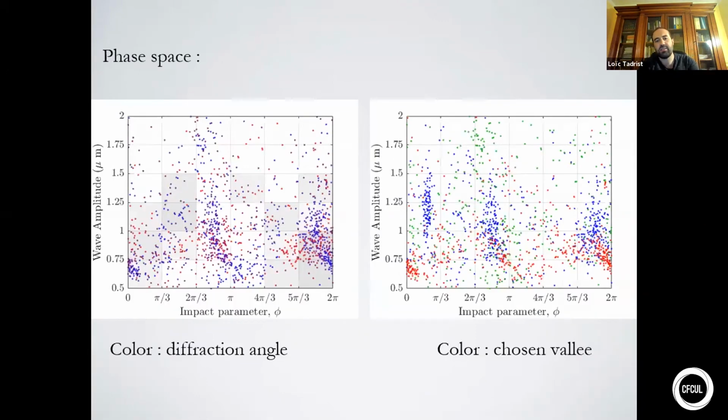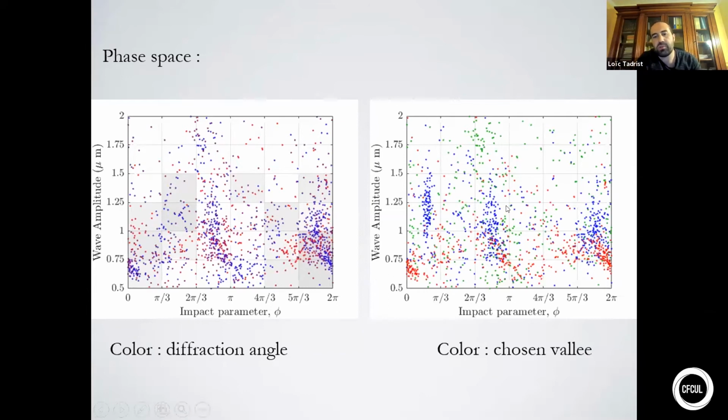So here is the phase space where we represent the impact parameter phi here, and the wave amplitude here. On the left, the diffraction angle is color coded. When it's coded blue, it's deviated to the right, and when it's coded red, it's deviated to the left. What you can tell from this image is that in every part of this phase space, you can have blue or red dots.